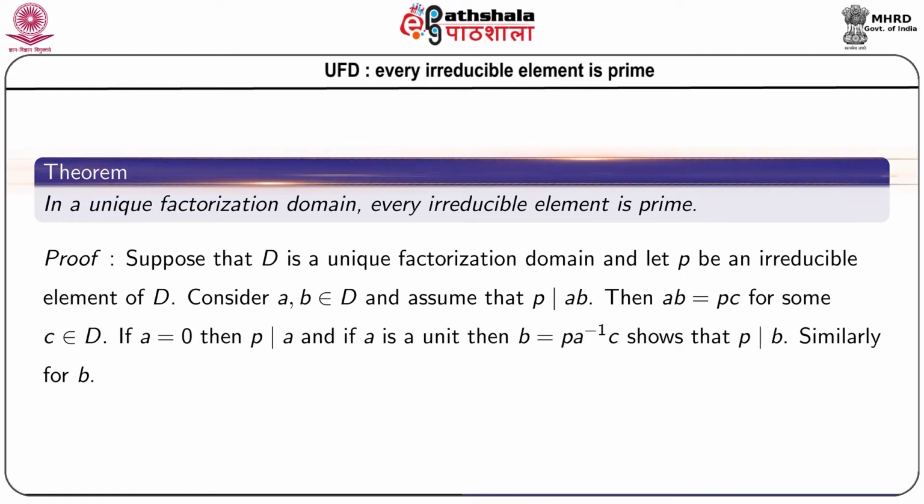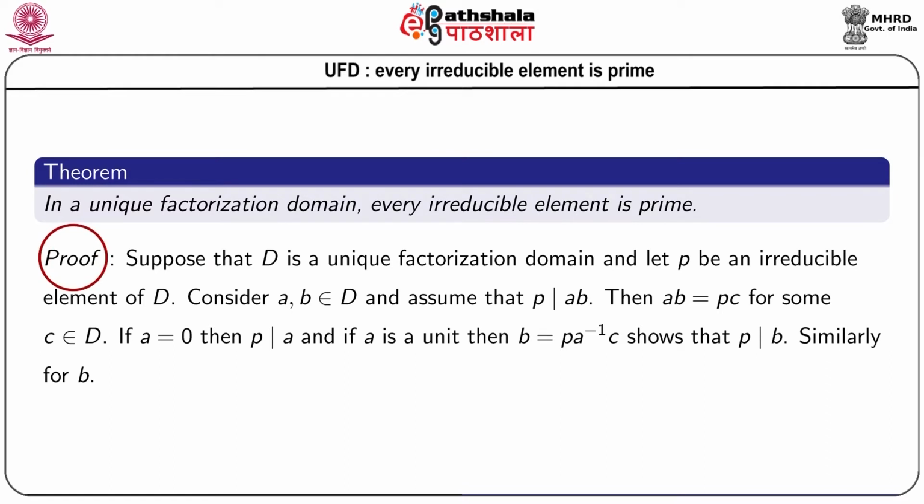Since we already have that in an integral domain every prime element is irreducible, it follows that in a unique factorization domain an element is irreducible if and only if it is prime.